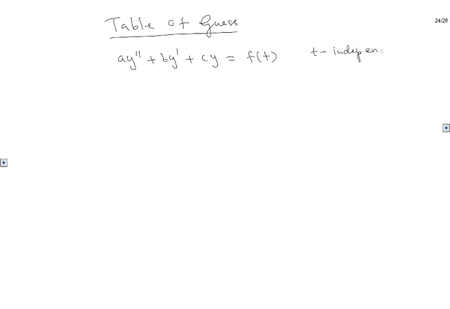It doesn't really matter. So in the table, when we see f of t, this is what you're going to go for, y_p.